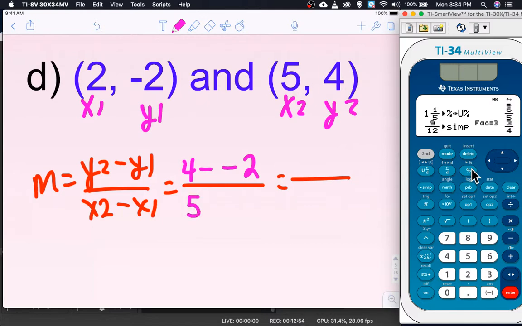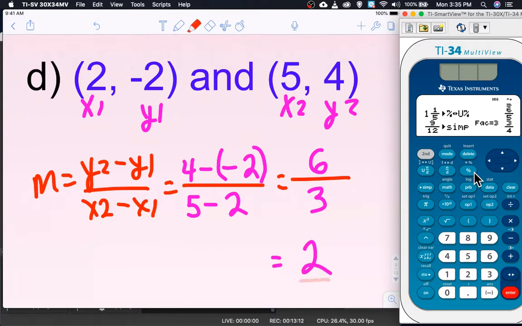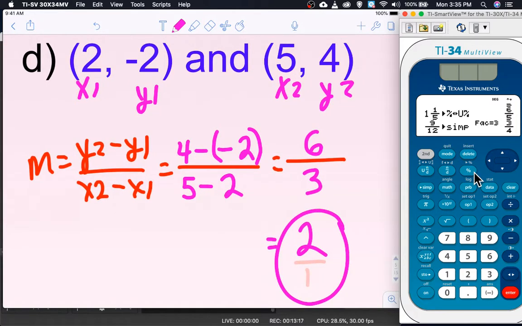Over x2 minus x1. I'm doing the math. 4 minus -2 is +6. 5 minus 2 on the bottom is a 3. And 6 over 3 simplifies to plain old 2 over 1. But 2. And that's done.